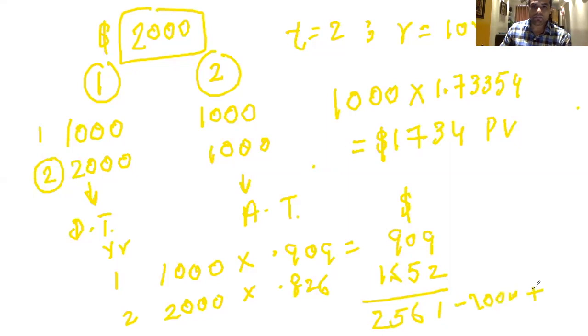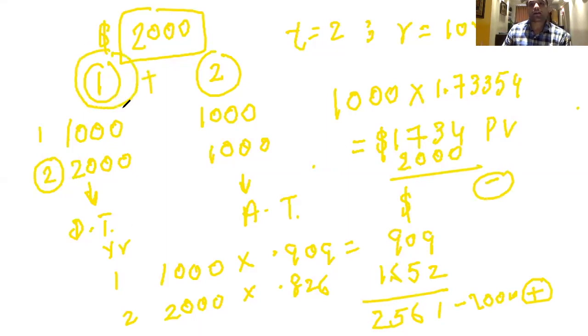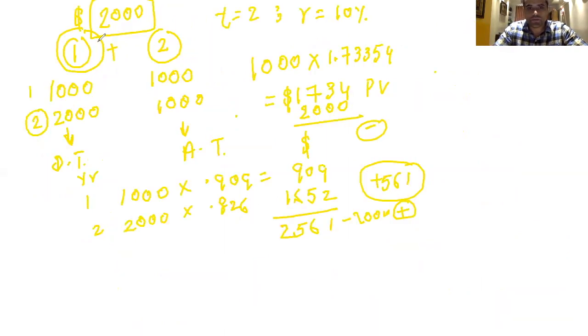Our PV is positive, and NPV for 2000 is negative. So we will select project 1 because it has a positive NPV, right, which is positive 561. So this is the way of estimating the present value using the discount table.